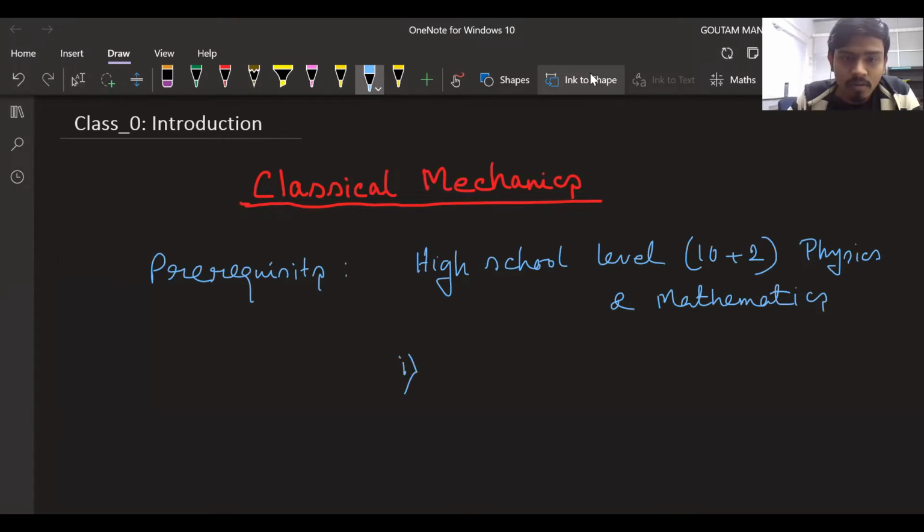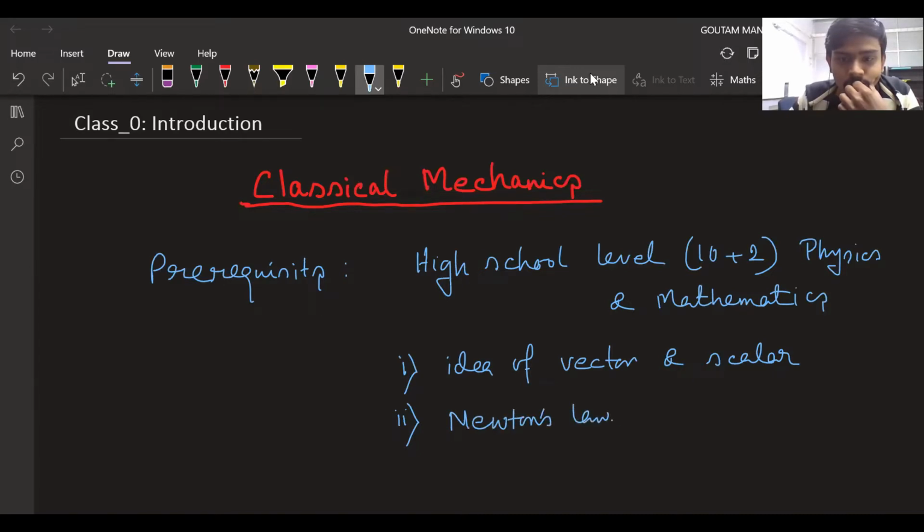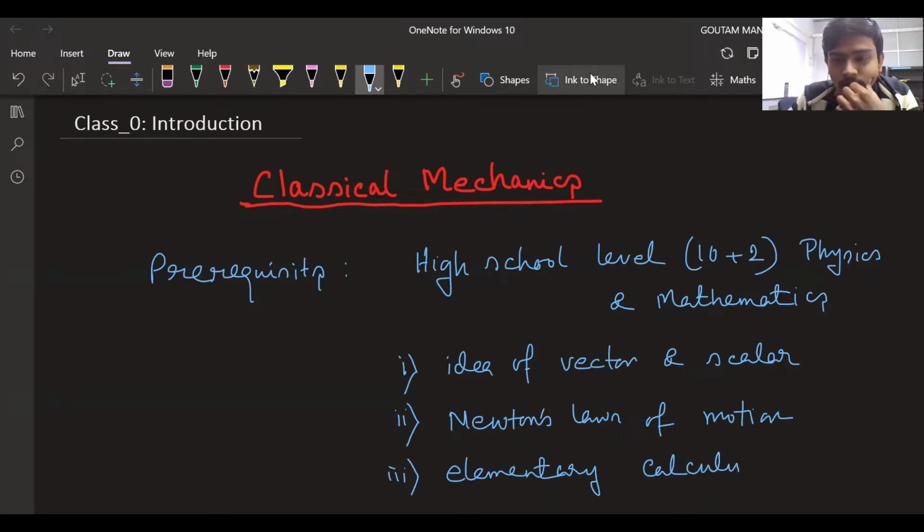For example, number one, the idea of vector and scalar. Number two, Newton's laws of motion. Number three, elementary calculus. So these are the prerequisites of the course.